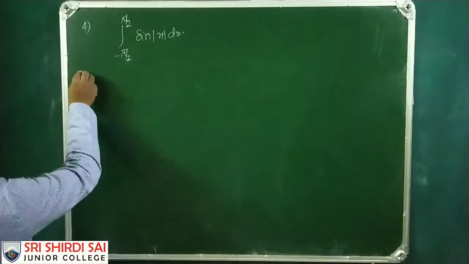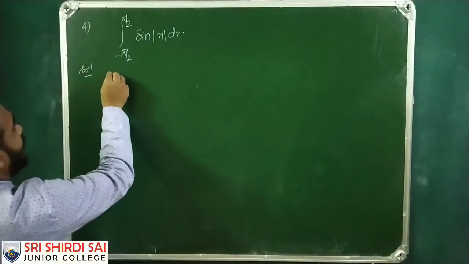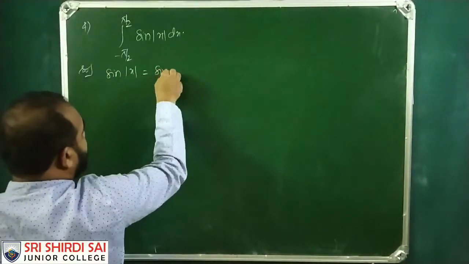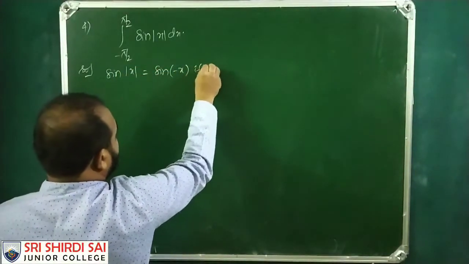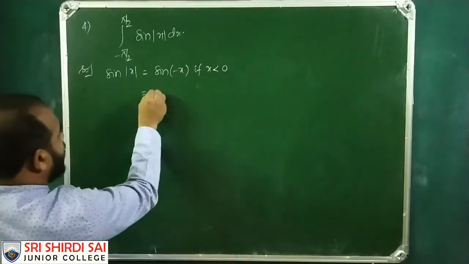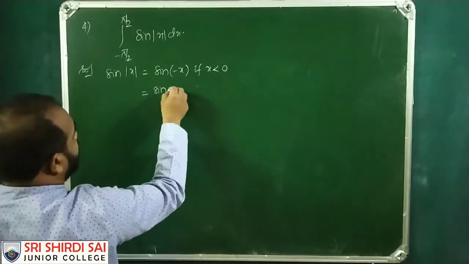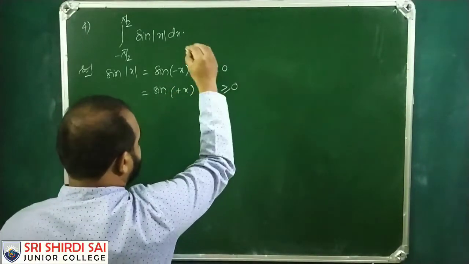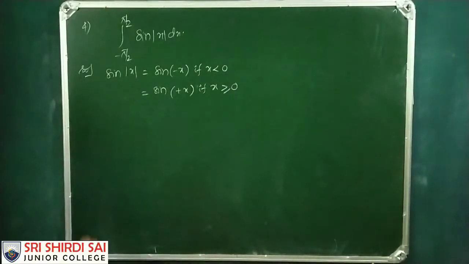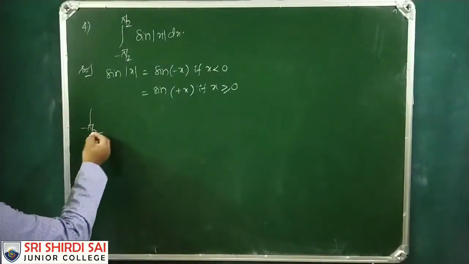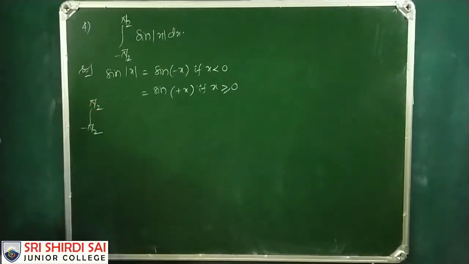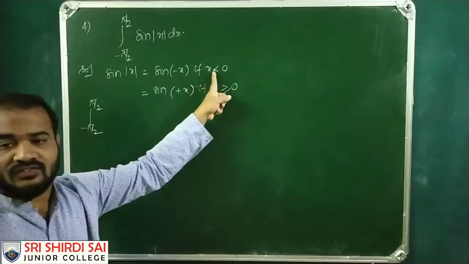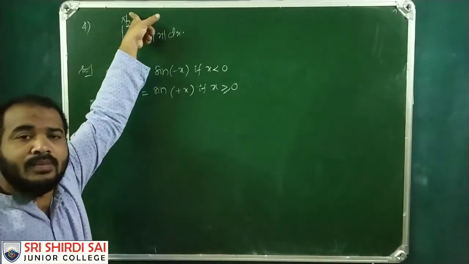Okay, solution. So sin modulus of x is equal to sin of minus x if x is less than 0 and sin of positive x if x is greater than or equal to 0. So that is the integral from minus pi by 2 to pi by 2. Therefore it will be broken at x equals 0 between minus pi by 2 and pi by 2.